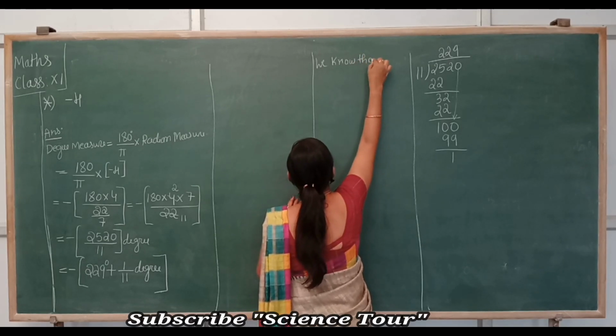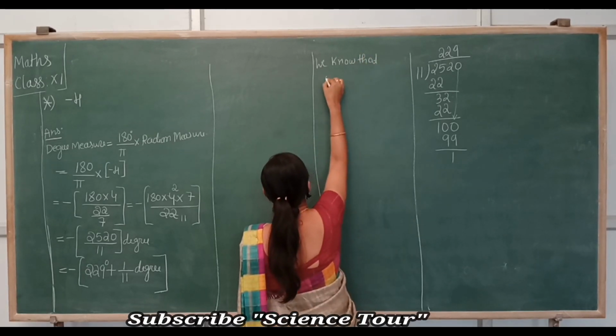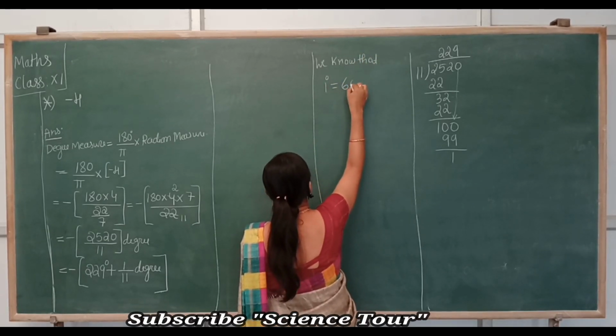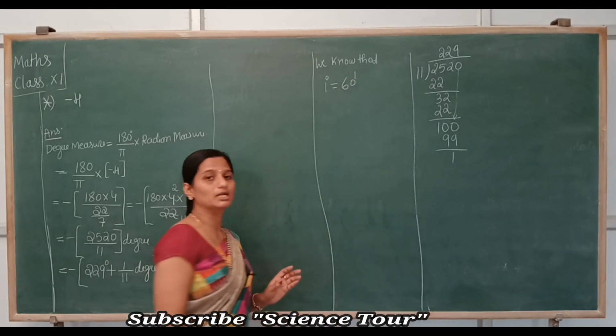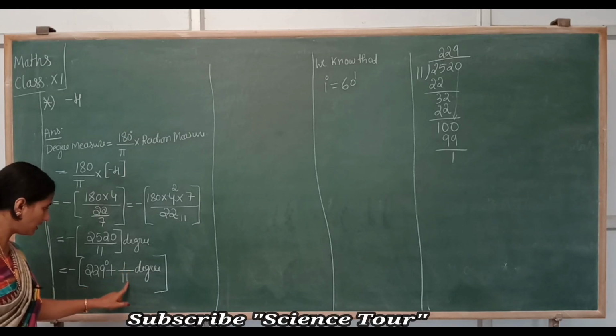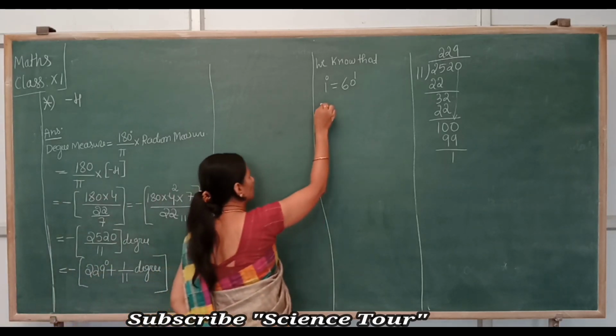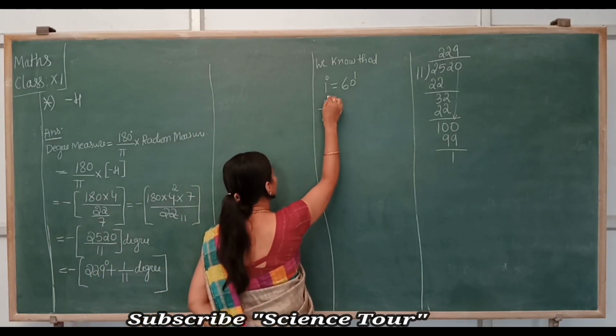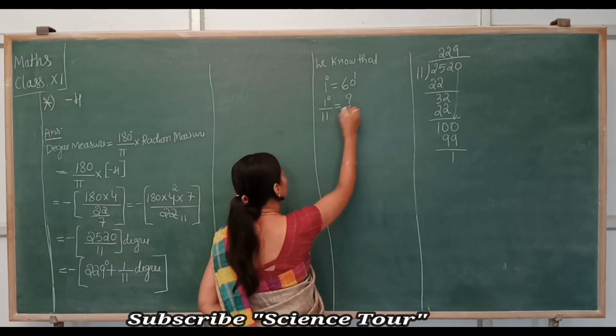1 degree is equal to how many minutes? It is 60 minutes. So 1 by 11 degree is equal to how many minutes?